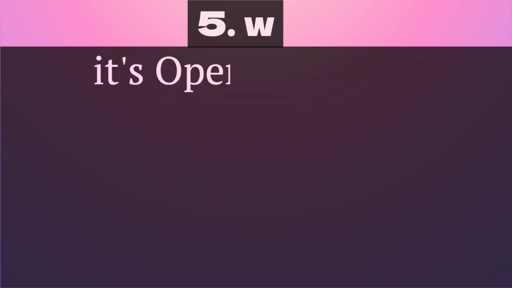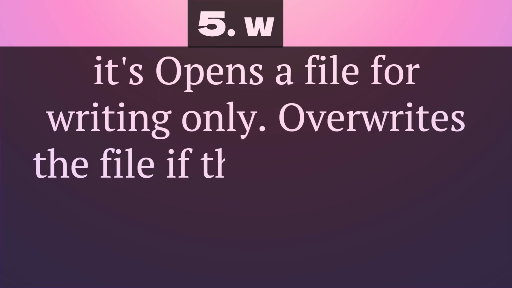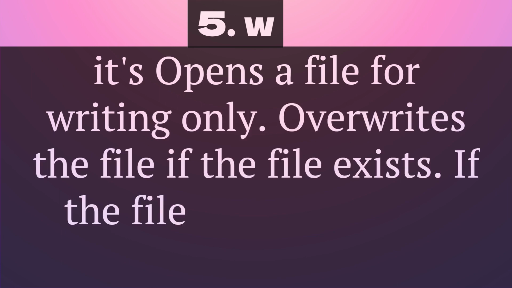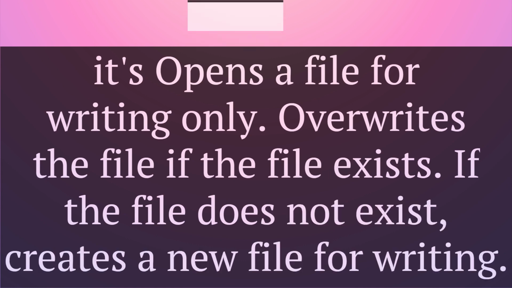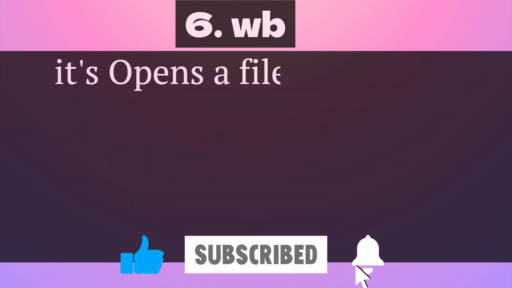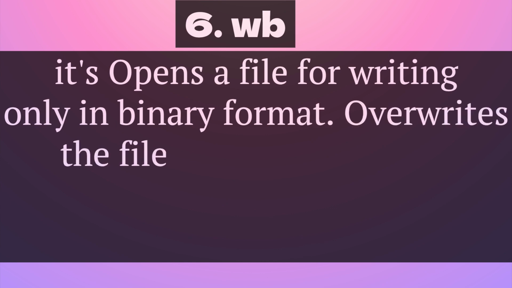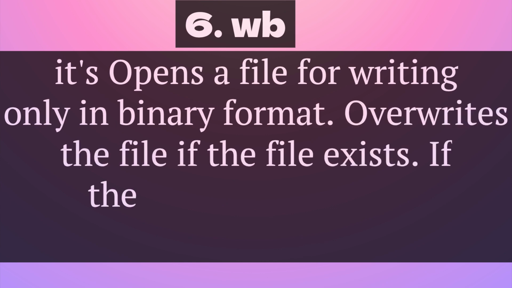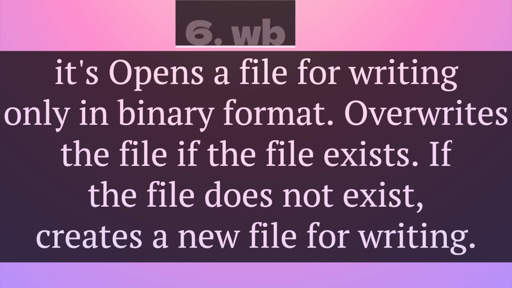5. w. It opens a file for writing only. Overwrites the file if the file exists. If the file does not exist, creates a new file for writing. 6. wb. It opens a file for writing only in binary format. Overwrites the file if the file exists. If the file does not exist, creates a new file for writing. 7. w+.